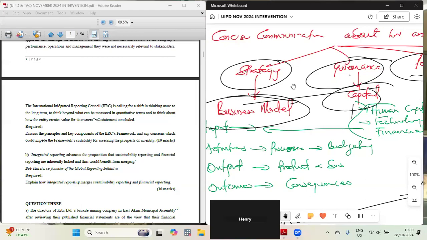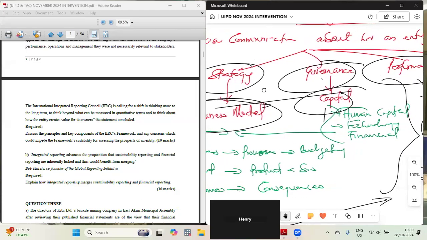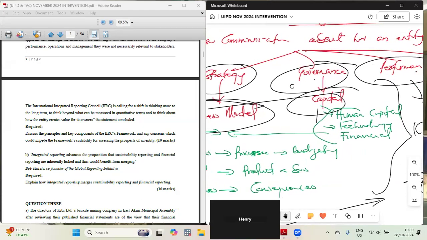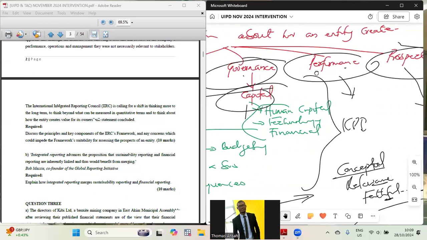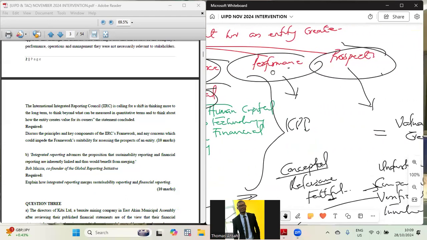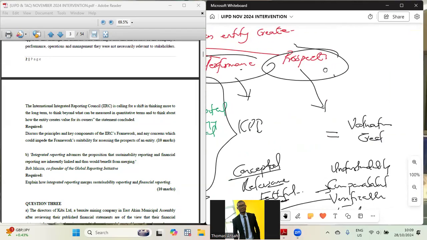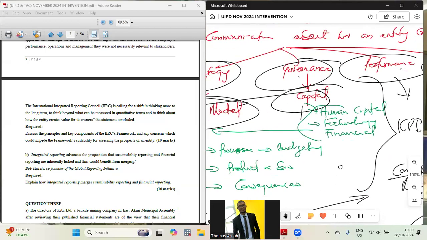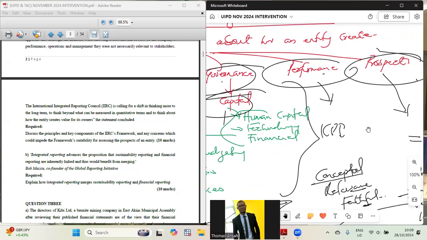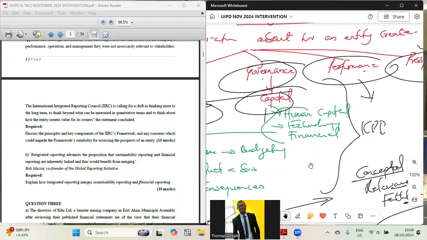So we have the strategy, which is your business model, governance, your performance, which is the KPIs you need to set, and what you want to do in future to create value. So the content is really the strategy, the governance, the performance, the prospect. The prospect is the future outlook.